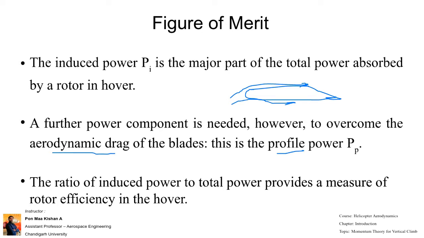Whenever the rotor is rotating, either during hovering, takeoff or descent, skin friction drag will be existing in the blades. In order to overcome that drag, and that's why we have used that word overcome, we need to generate more power, right?